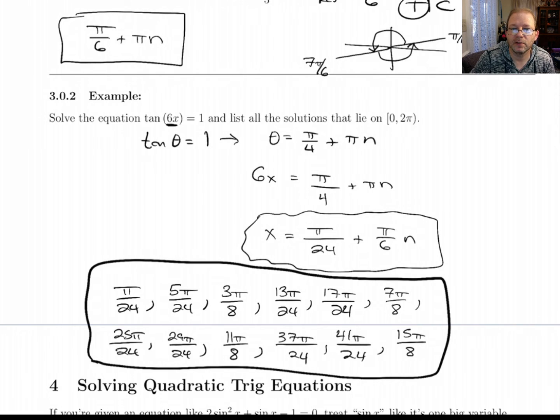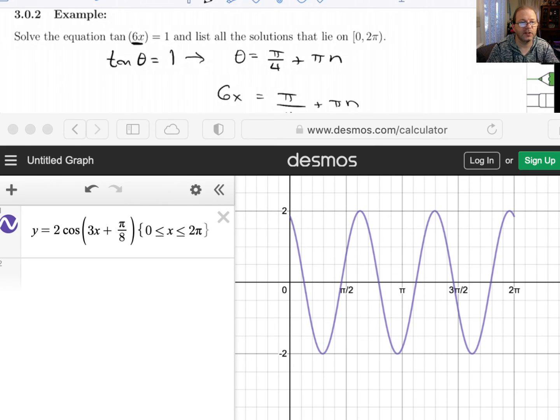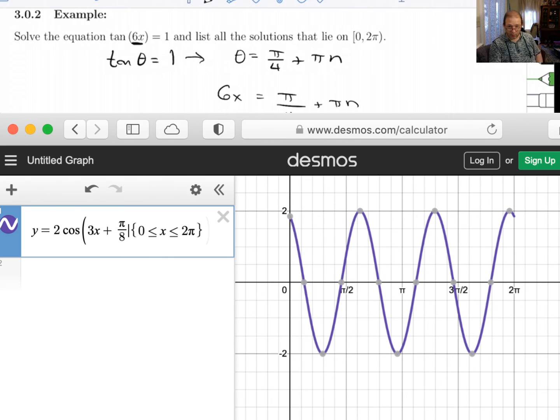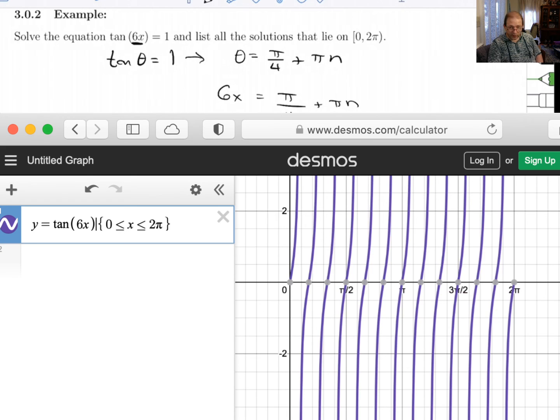Let's look at it on Desmos just for fun. So we got tan 6x equals 1. So what am I going to put in here? I'm going to put in y equals tan 6x. So we get that. And again, we're restricting between 0 and 2 pi.